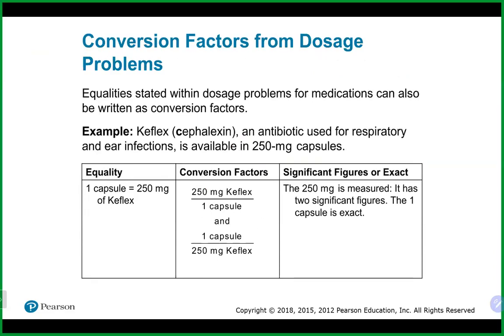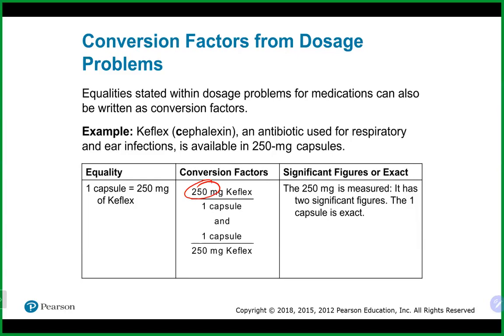Also dosage as well. Keflex antibiotic is available in 250 milligram capsules. So 1 capsule would have 250 milligrams. And again, that will give us our 2 conversion factors. Once again, here we would be looking at the 250 as having 2 significant figures if we were using that in a calculation.